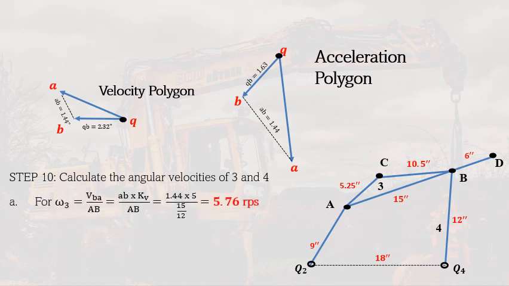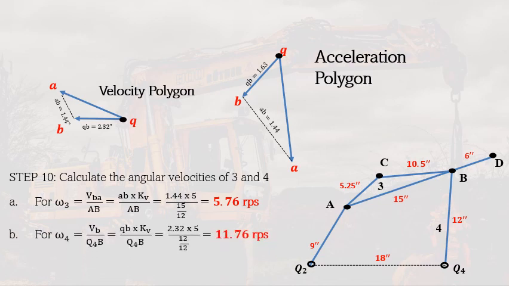The angular velocity of 3 can be obtained by using the velocity of B relative to A divided by AB. So we just measure the length of AB in the velocity polygon. Take note, because this is the velocity, not acceleration. So we measure AB from the velocity polygon, and that is 1.44. We multiply with the kV, and then we divide by AB. So we have the angular velocity of 3 as 5.76 rad per second.